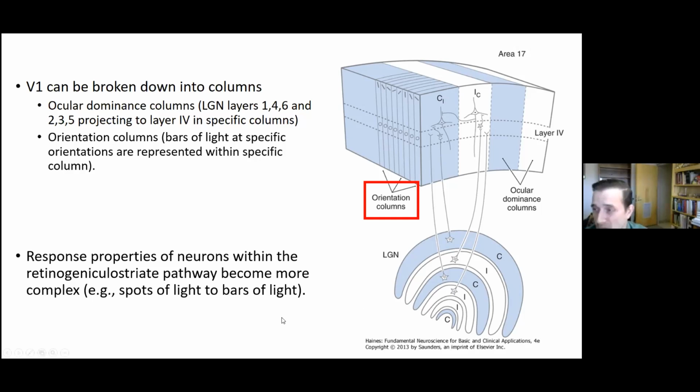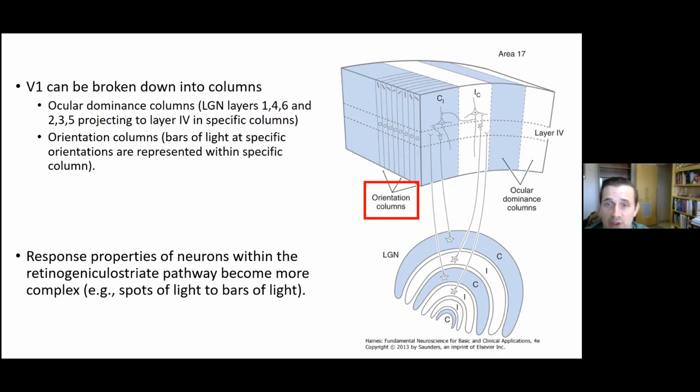And so response properties of neurons within this retinogeniculo-striate pathway become more complex. So we can detect either spots of light, just in this layer 4. You see the little dots in layer 4?